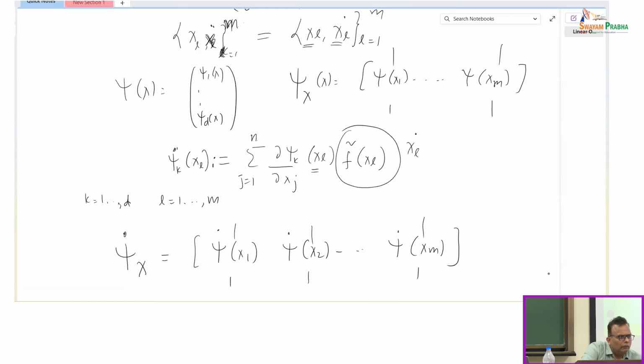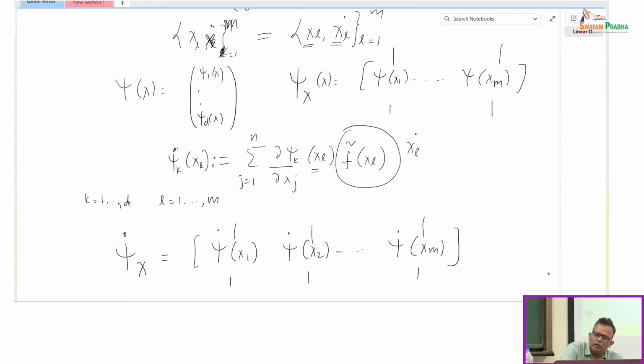We know x l, these are data points. We know x l dot. And then we can compute partial psi k partial x j, because I know psi k, the functions that I picked. The summation is over n, the state space dimension.